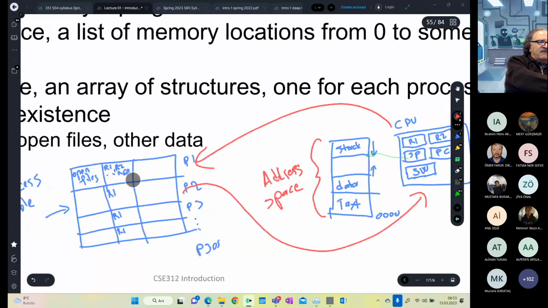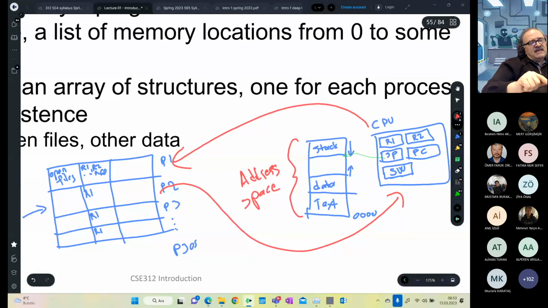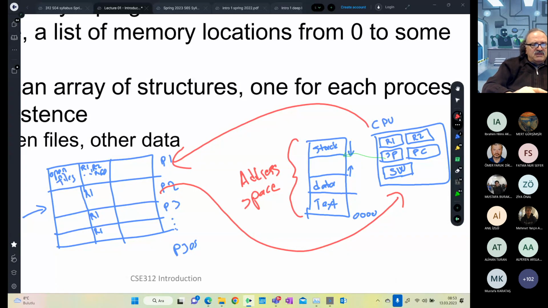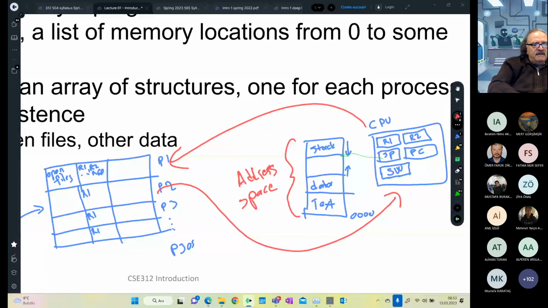So this R1 is basically a copy of this R1 when the process is not running. Of course, when the process runs, I use this R1. Otherwise, if I had to go to main memory to get the R1 values all the time, that would be very, very slow. Remember, it is 100 times slower than accessing the CPU, right?